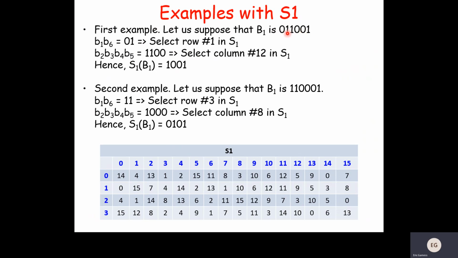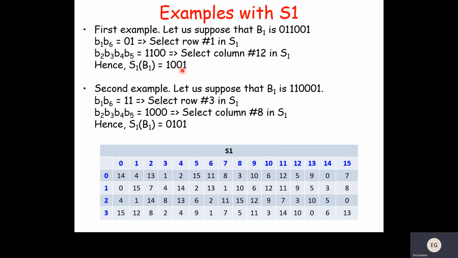So inside, between bit 2 and bit 5, I have 1, 1, 0, 0. 1, 1, 0, 0 is what? It is 12. So I need column 12. So I'm going to do the intersection between row 1 and column 12. I get this 9. And 9 in binary is 1, 0, 0, 1, which means this first block of 6 bits is going to be replaced by this block of 4 bits.